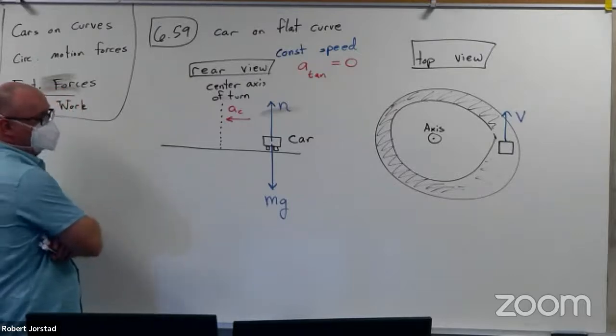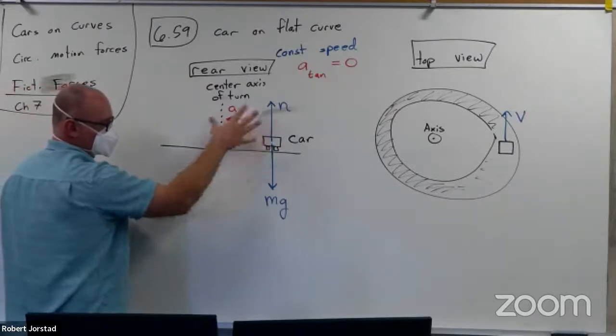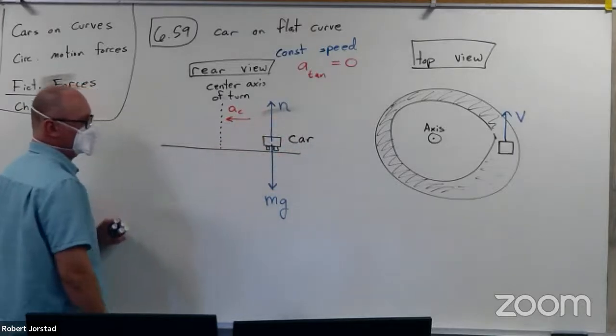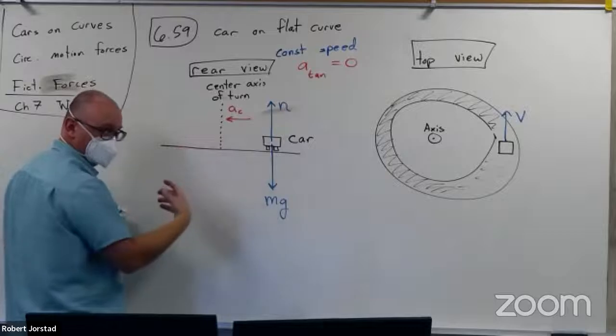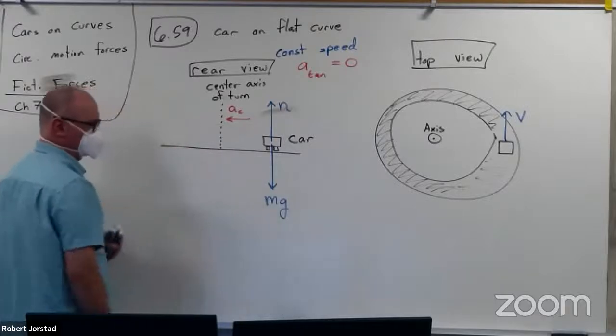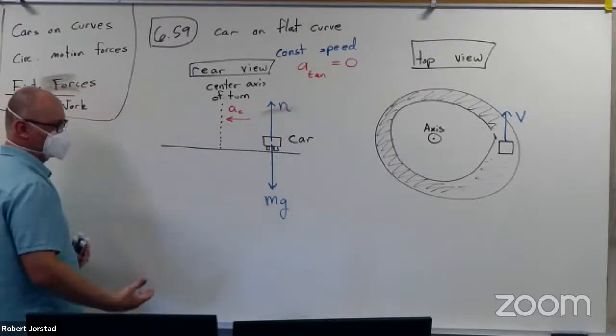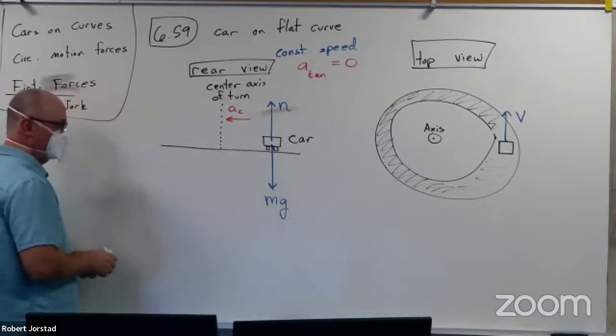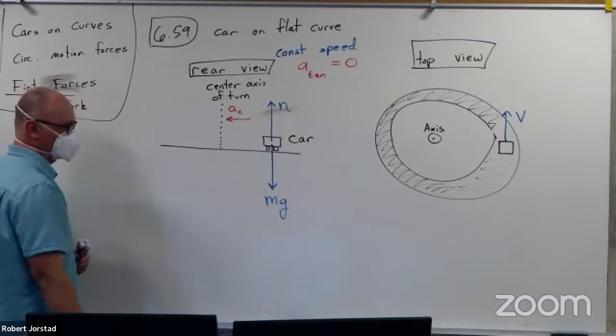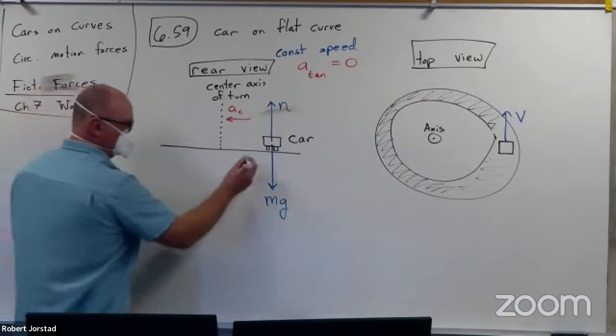Well, I'm going to look at this picture right here. If it's going to accelerate to the left, we need a force to the left. What force keeps the car in circular motion? Friction. Which way does friction point? Towards the center. Exactly.